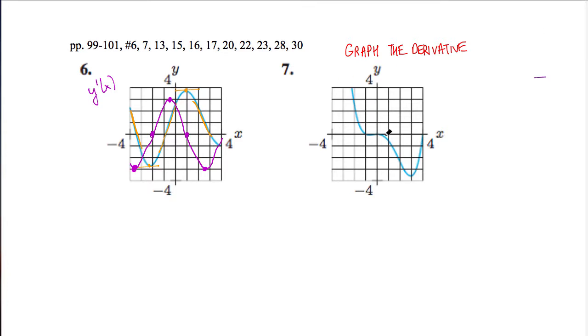For number 7, we have a similar situation where we have something that has a 0 slope about right here, a 0 slope about right here, and a 0 slope down here. So that means that the derivative y prime of x is going to be 0 at those locations. So 0 here, 0 here, and 0 somewhere over here.